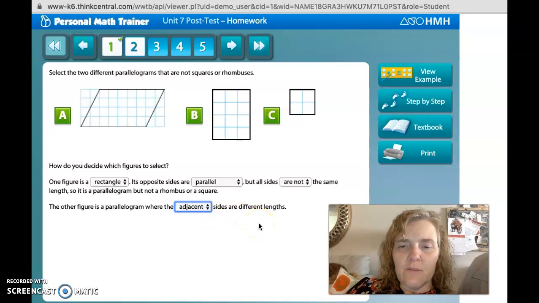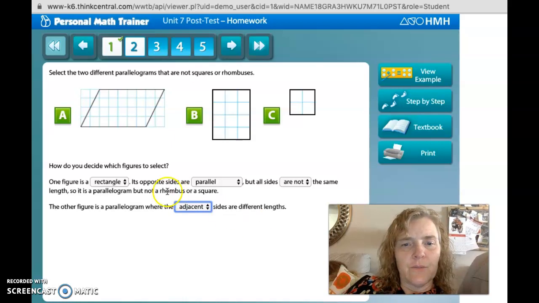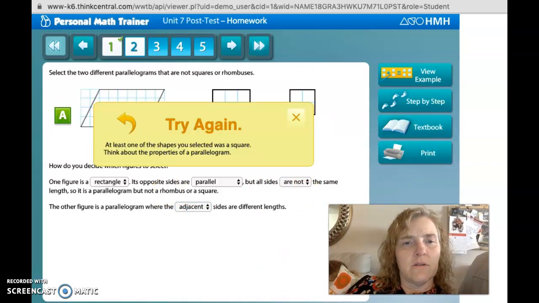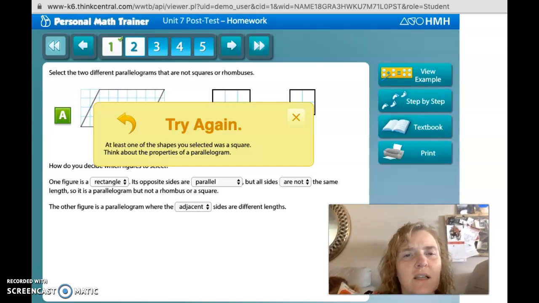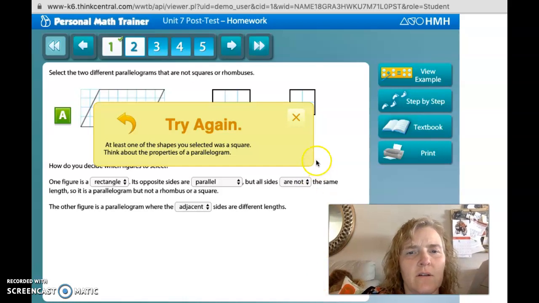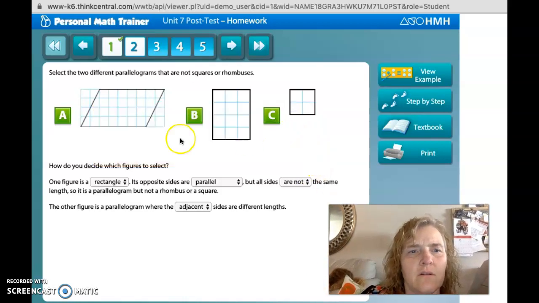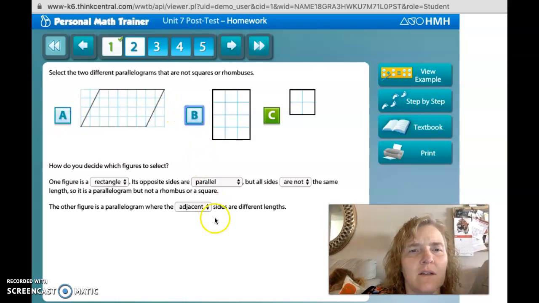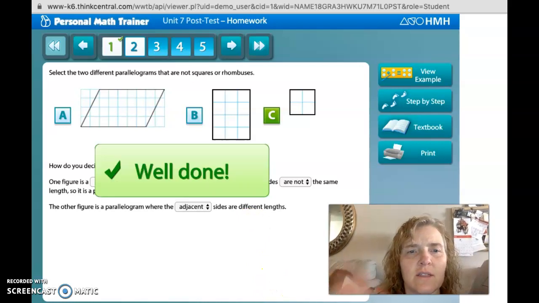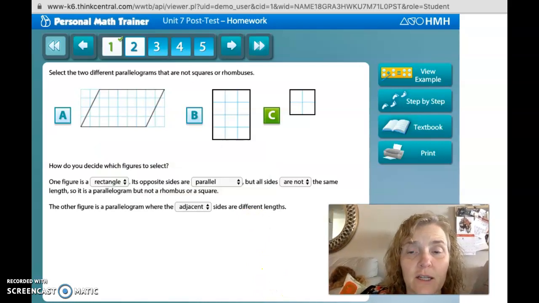Remember, adjacent means next to. All right, let's check this one. Uh-oh. At least one of the shapes you selected was a square. Huh. Oh, maybe I'm supposed to select them. I forgot to do that. My bad. Now let's try it. See, you have to make sure you click everything.